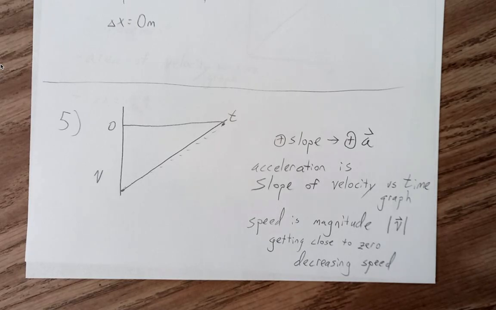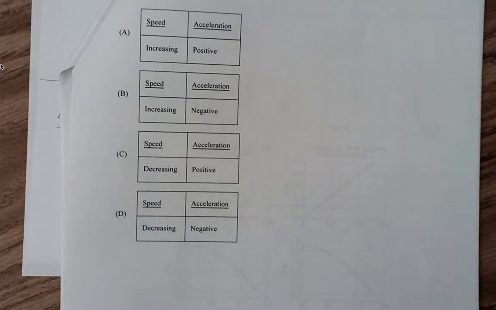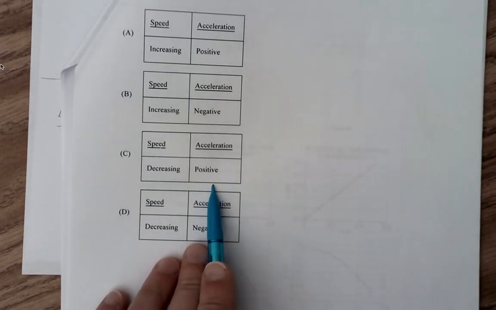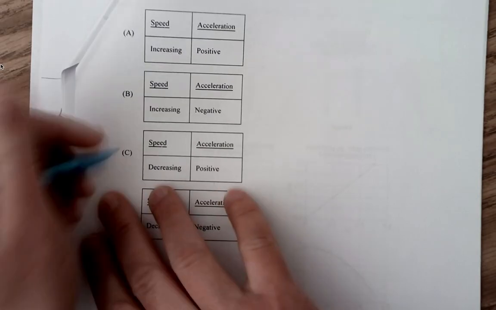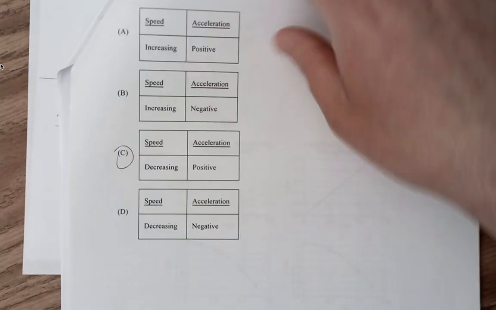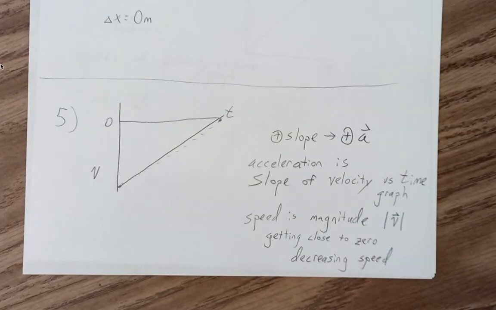But the speed is the magnitude of that velocity, and the speed is getting close to zero, so it's a decreasing speed. So we have a positive acceleration and a decreasing speed, which would be option C. As we continue on to number 6.